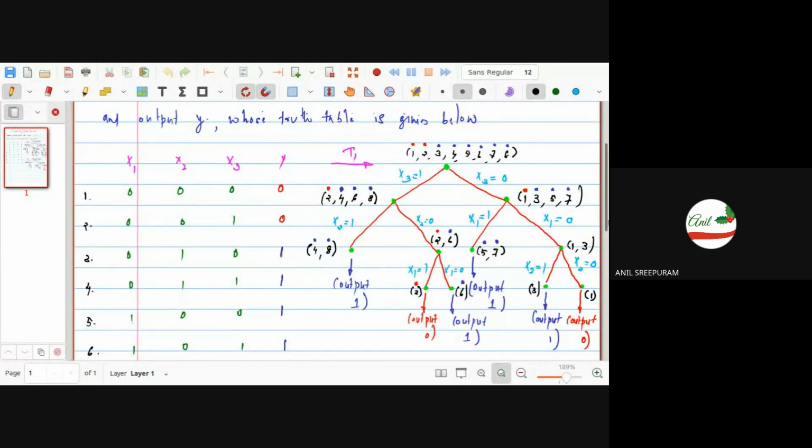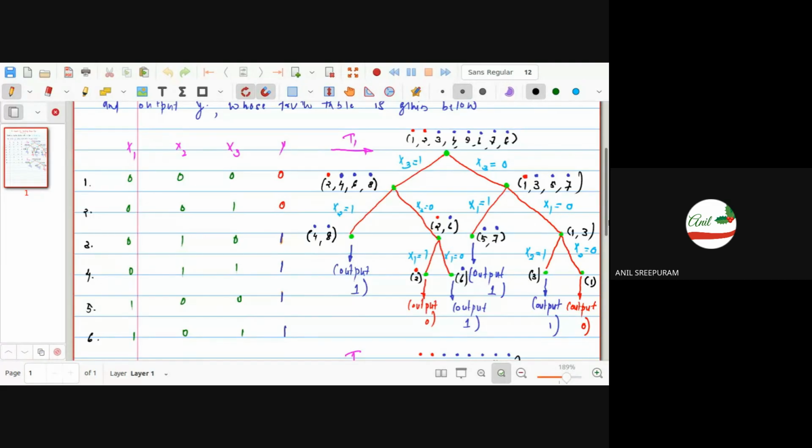You anyway used x3, you used x2, and the remaining feature is x1. So you will be using the categorization based on x1. x1 equal to 1 corresponds to one path, x1 equal to 0 corresponds to the next path. And that is only for 2, x1 is equal to 1, and only for 6, x1 equal to 0. I think I reversed it. So anyway, one of these I have written wrongly.